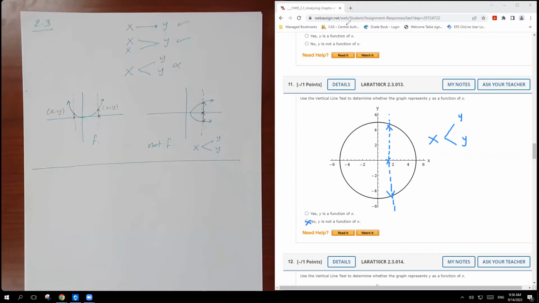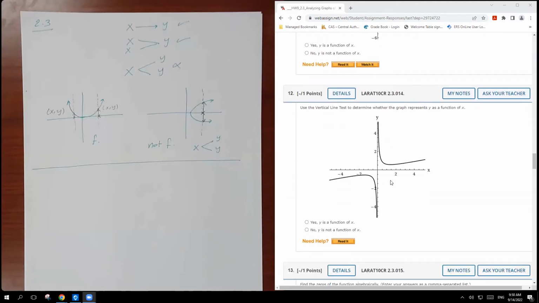The next one, which is the last one, also we need to find if it's a function or not. Here's the last example. For this part, use the vertical line test. Graph any vertical line test. Let's graph a vertical line test here, and another one here.